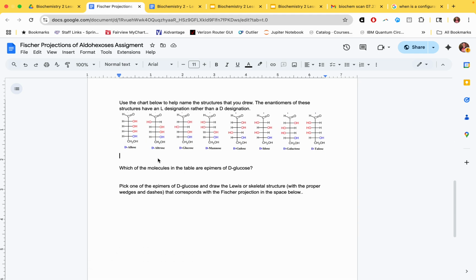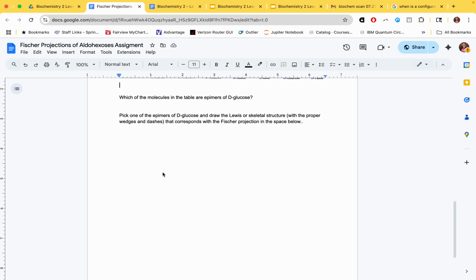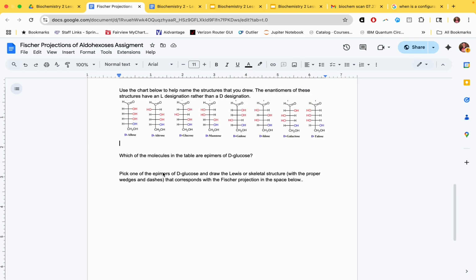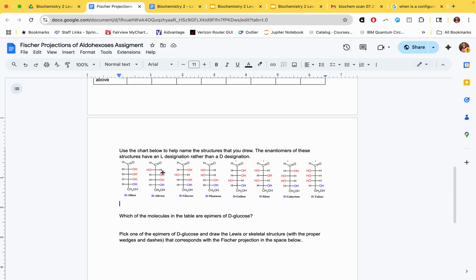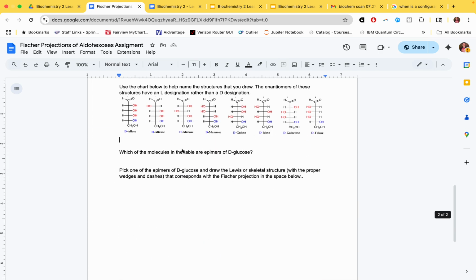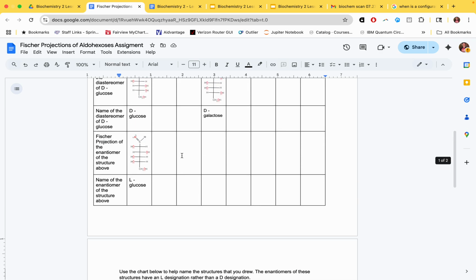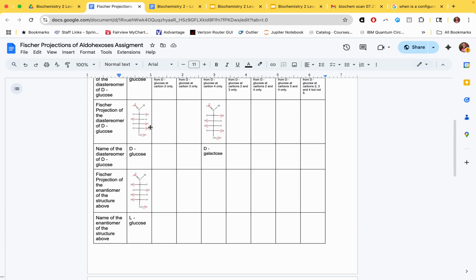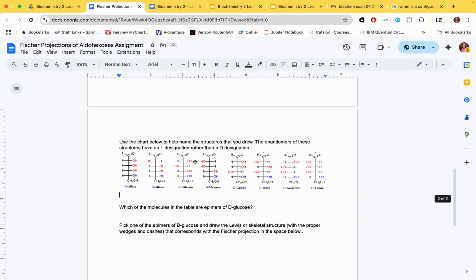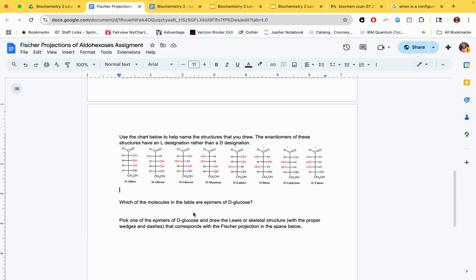Okay, and then once you have all your structures, you're going to tell me which ones in the table are epimers of D-glucose. I'm going to give you a hint. Glucose has 4 stereocenters, so there should be 4 epimers. So you tell me which of those 4 structures are epimers of D-glucose.